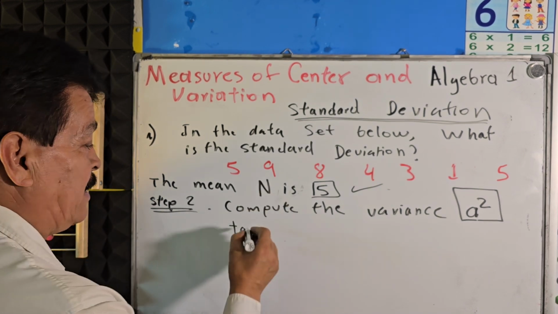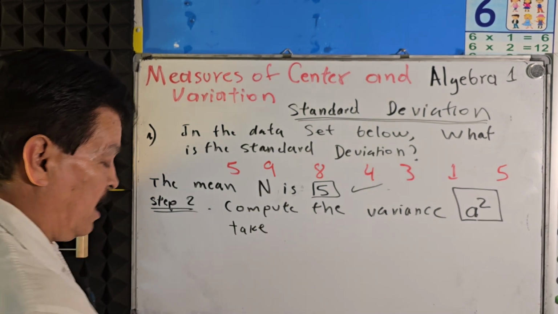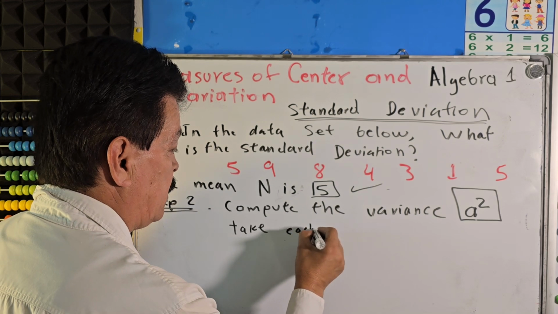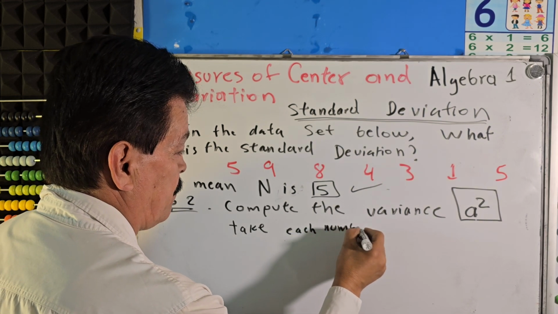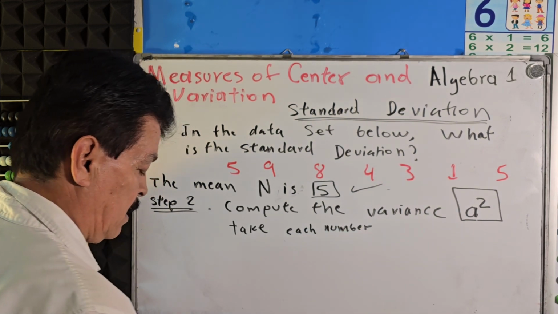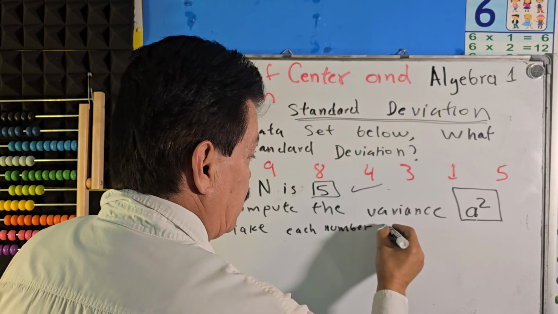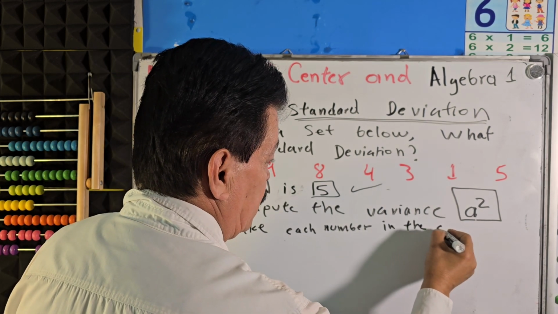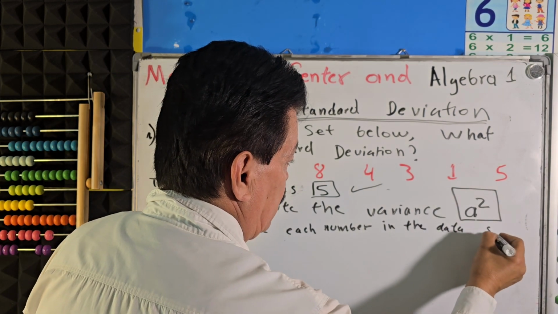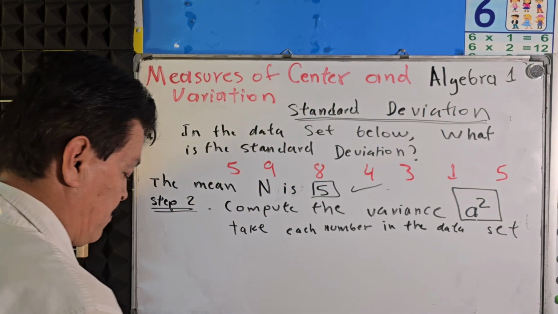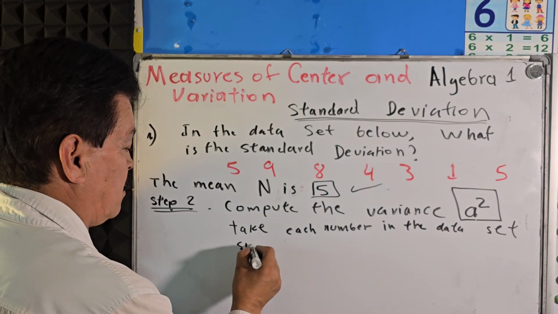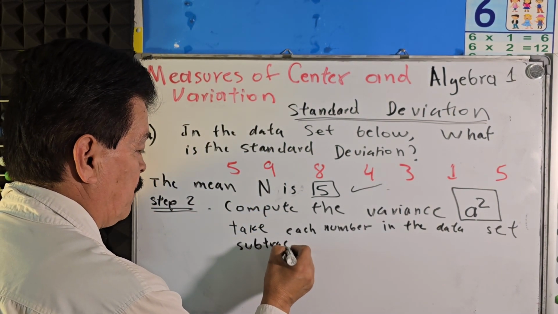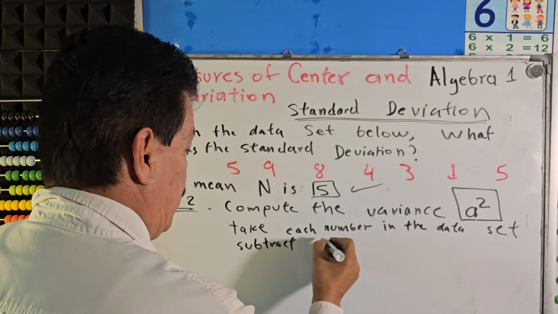Those for you. Take each number in the data set and then subtract the mean.